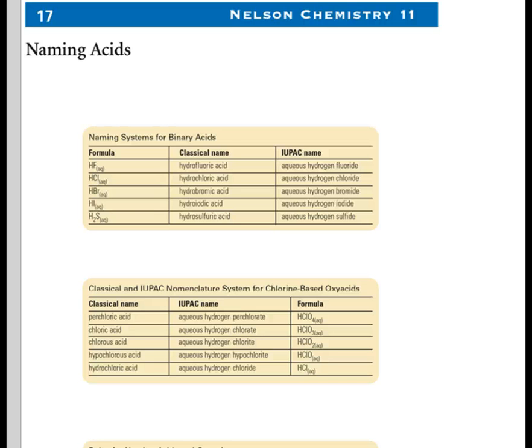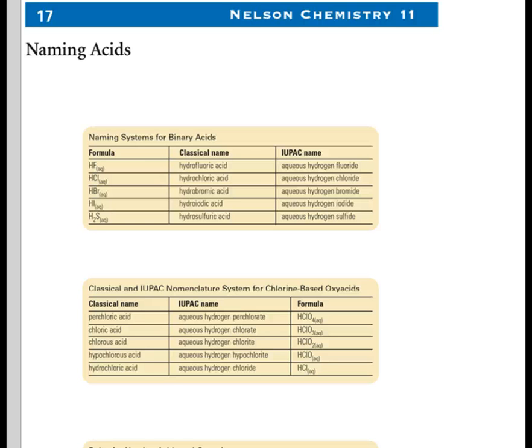In the case of binary acids, where there are only two elements involved, if it contains hydrogen, you can be sure that it's an acid. And we saw that with citric acid, and saw that it had conductivity as well, because the molecule ionizes when it is mixed with water.